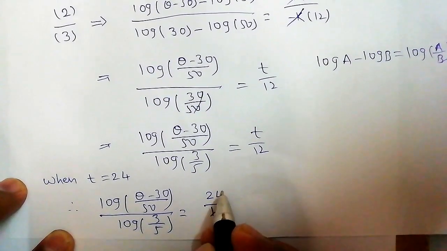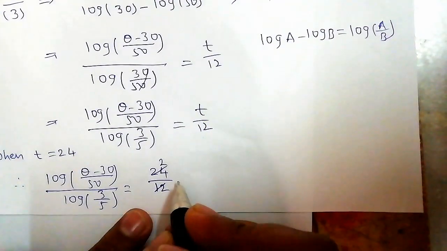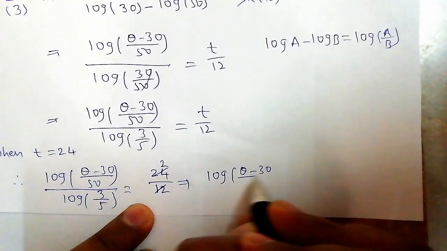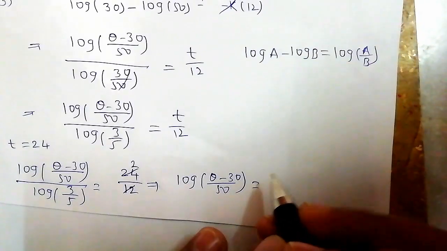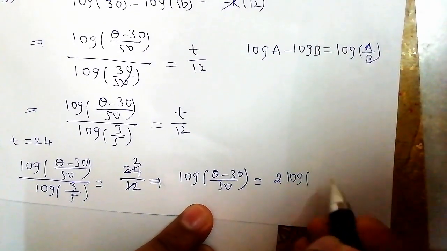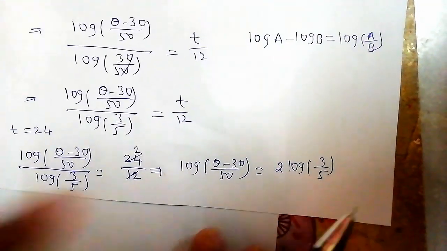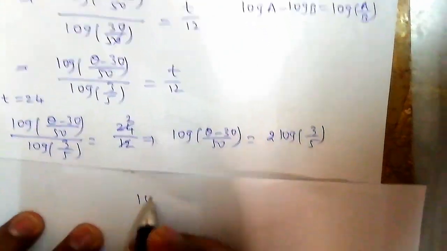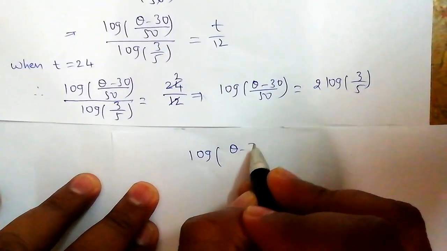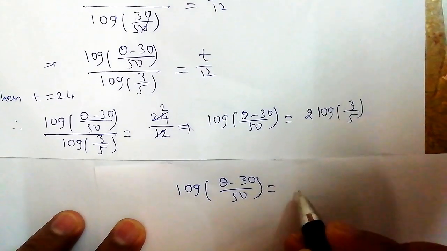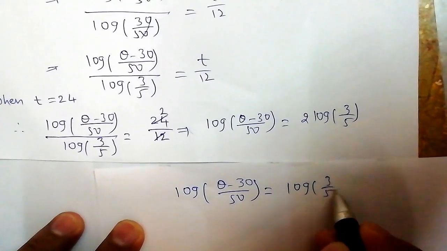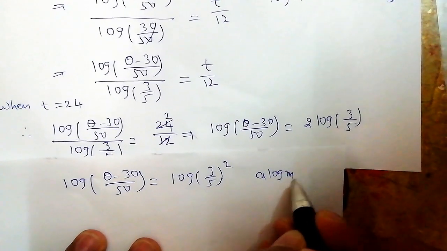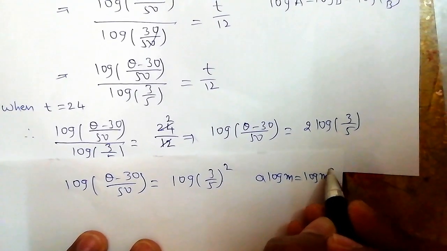Now 12 ones are 12, 12 twos are 24, so I get log of (theta minus 30) by 50 equals 2 into log of 3 by 5. I continue as log of (theta minus 30) by 50 equals log of (3 by 5) whole squared, since a into log m equals log m power a.